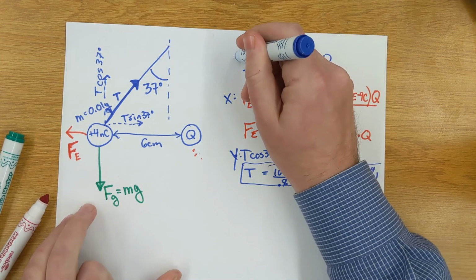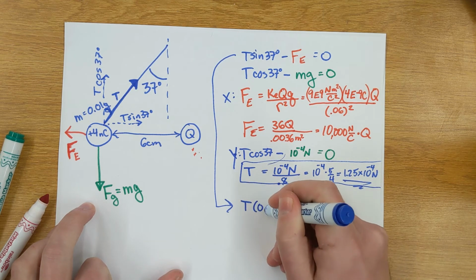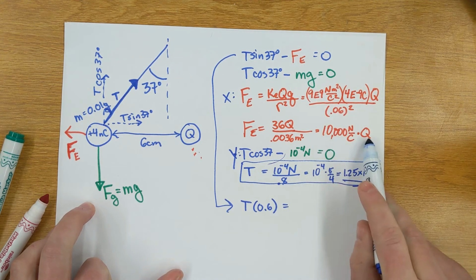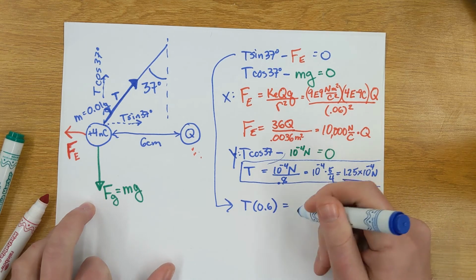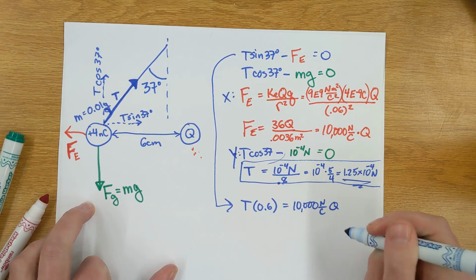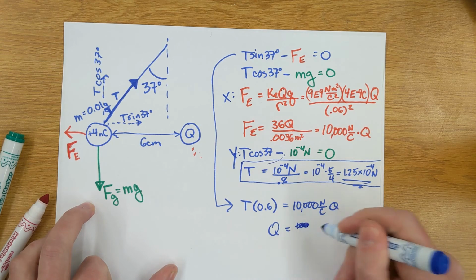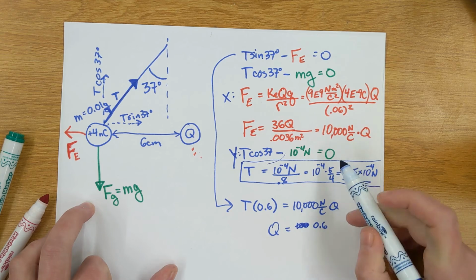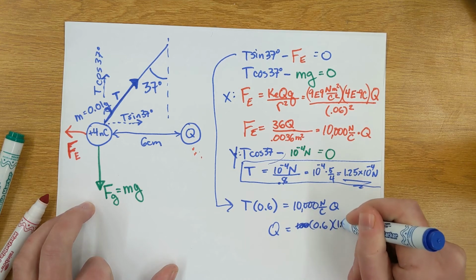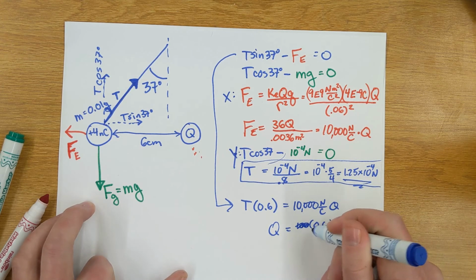So, bringing this equation down here, T sine 37 is 0.6, must equal the electric force, which we already saw is 10,000 newtons per coulomb times Q. So Q must equal 0.6 times the tension, and what is the tension? 1.25 times 10 to the minus 4 newtons, divided by 10,000 newtons per coulomb.